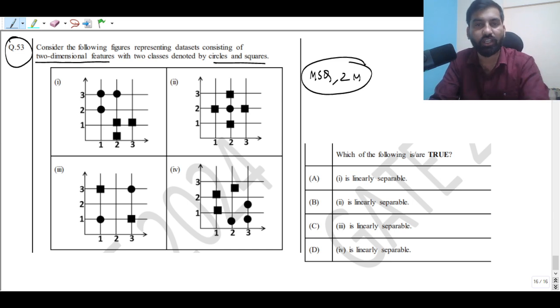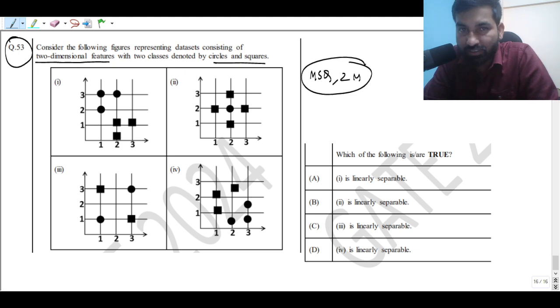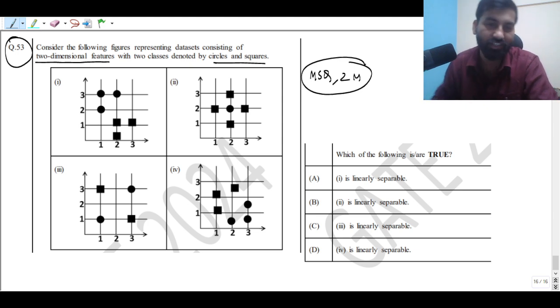So here there are two classes. One class is shown by the black circles, and one class is shown by the squares. You have to choose which option is correct here, right? It is an MSQ question. So first is linearly separable, second is linearly separable, third is linearly separable, fourth is linearly separable.